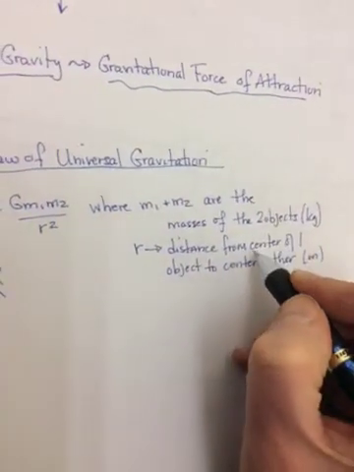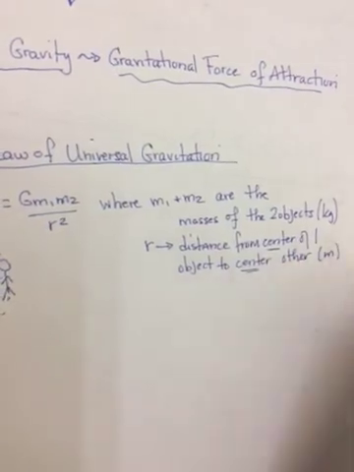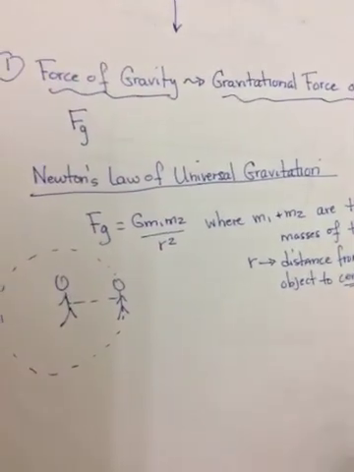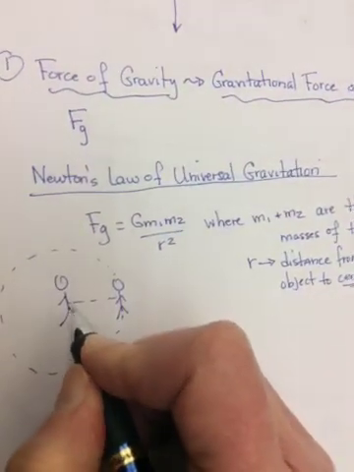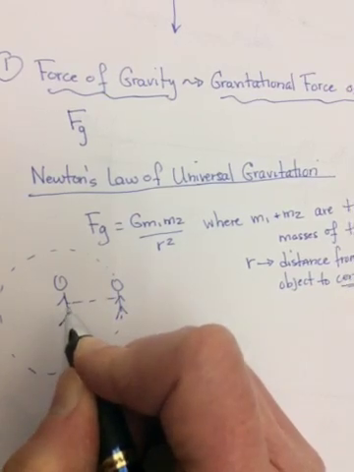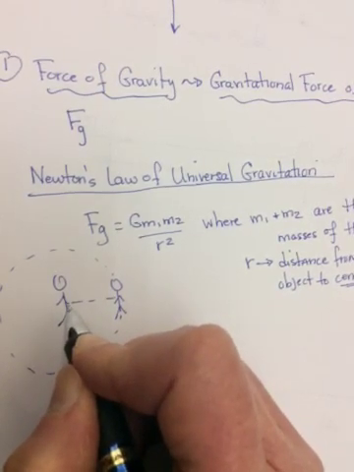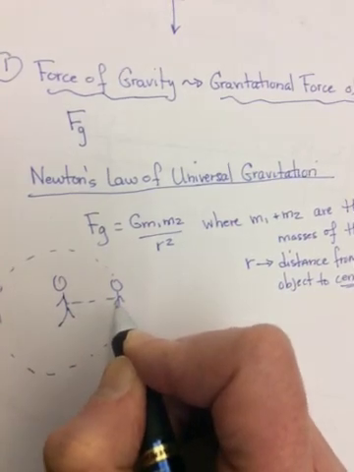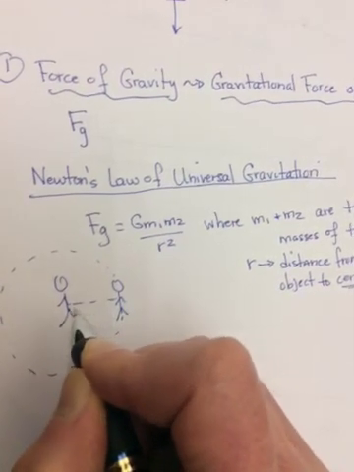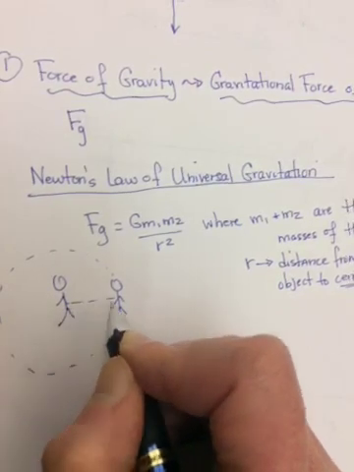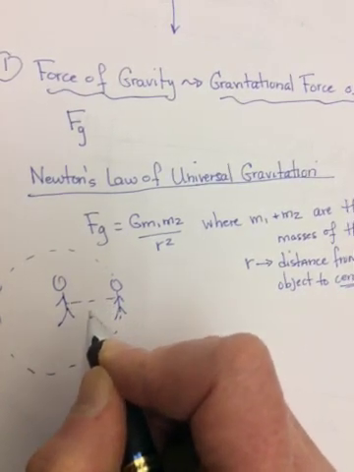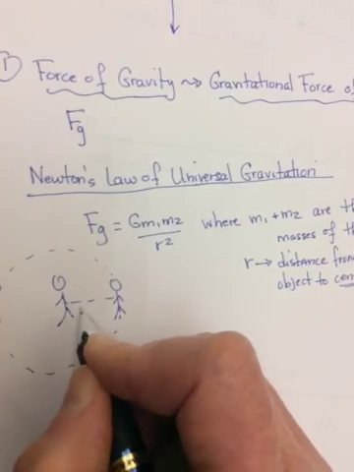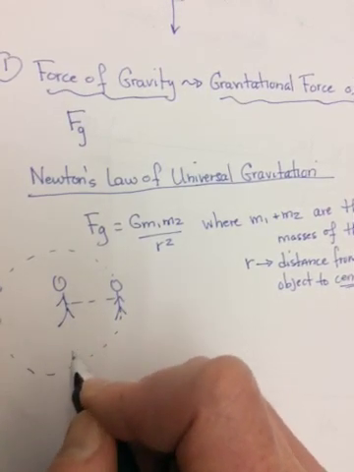The other part that's important to notice is the center of one object to the center of the other. So if I pick two of you and I measured the distance between you, it really wouldn't make a lot of difference if I put my meter stick on one belly and then measured to the outside edge of the other belly, or if I pushed it in to get to your center. None of our centers are that far from our outside edges that it would make a big difference.